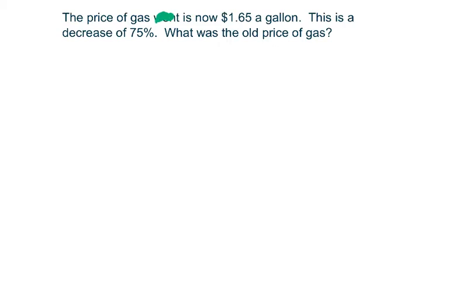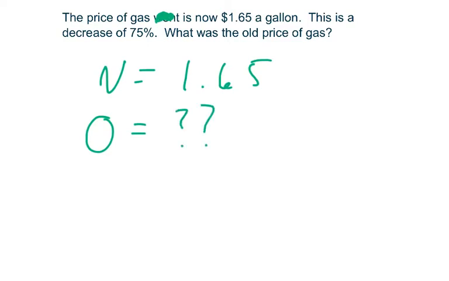So the new price is $1.65. We want to find out the old or the original price, which is an unknown again. This time the decrease was 75%. So the price is not increasing, it's decreasing.